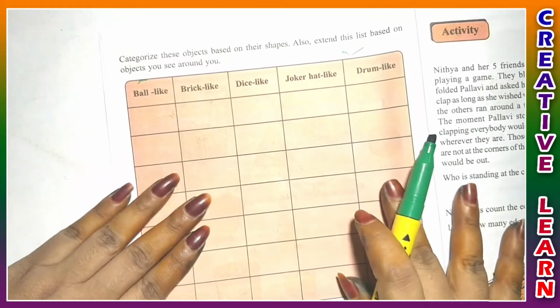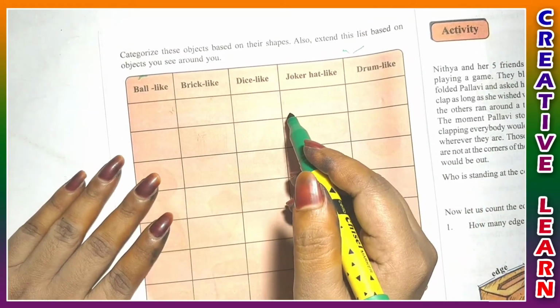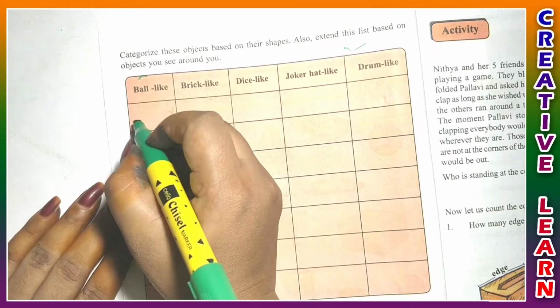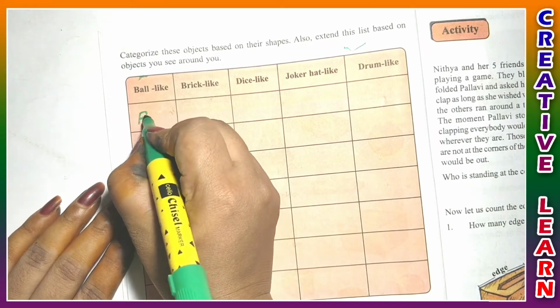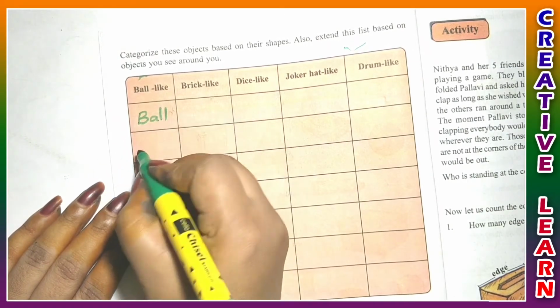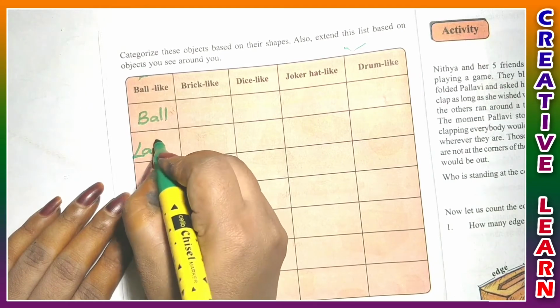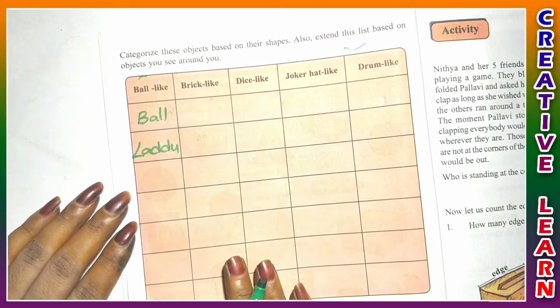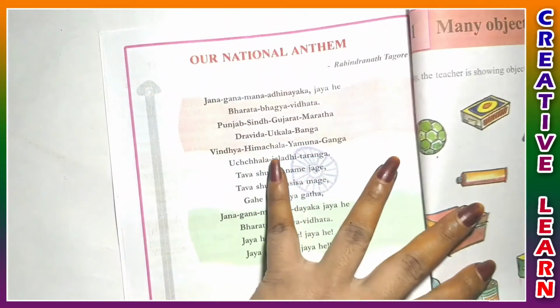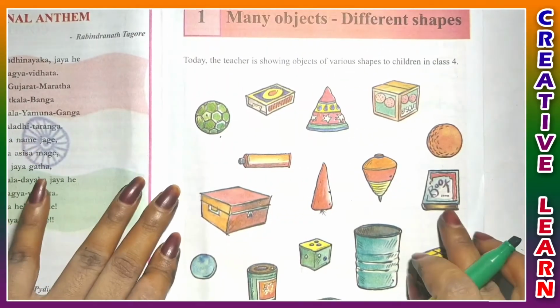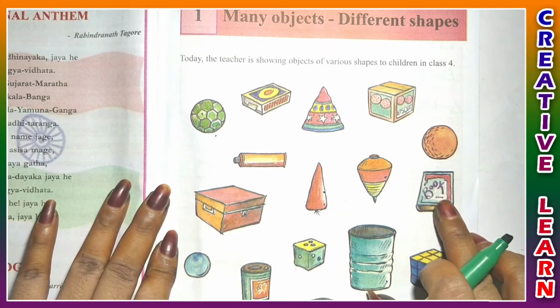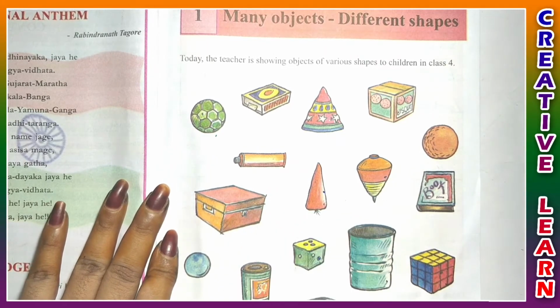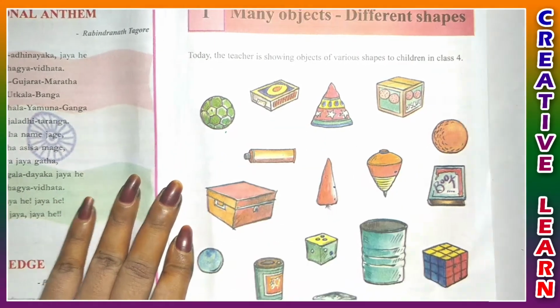Now here I am going to write two examples for each one. First, ball, laddu. Now, brick like. Brick like means textbook, trunk box, and also matchbox.